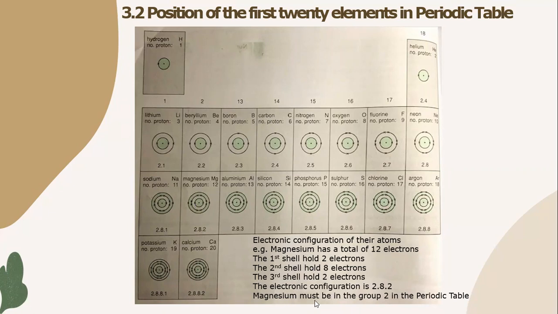Magnesium actually falls under group 2 in the periodic table. Group 2.